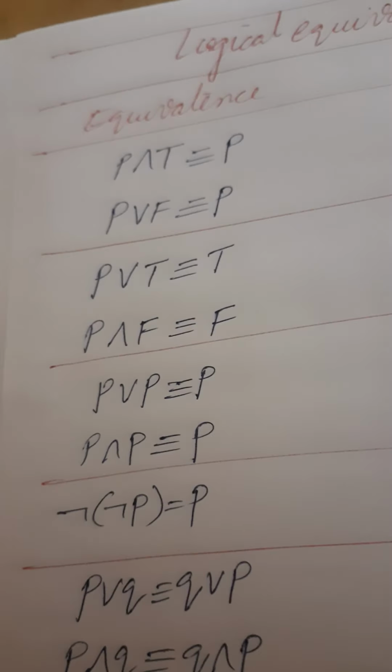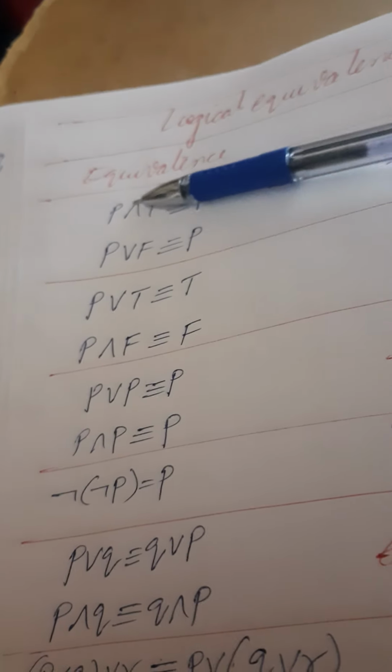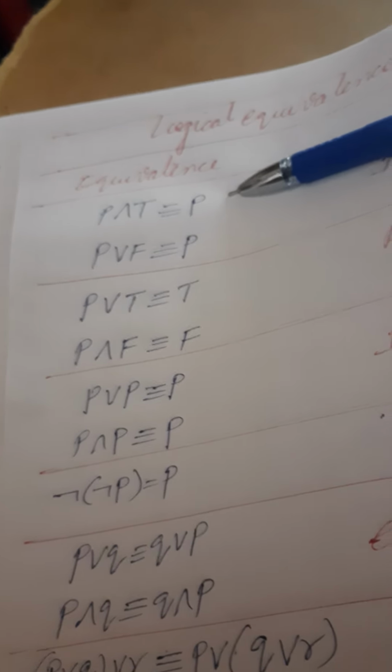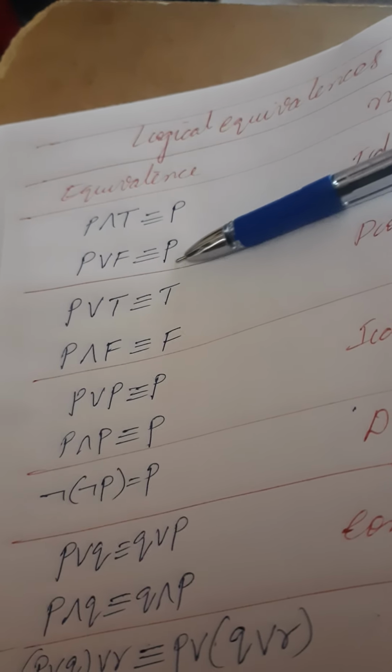These are the logical equivalences. This is the equivalence, and this is the name of the equivalence. P intersection T is equivalent to P. P union false is equivalent to P. This is the identity law, the first one.